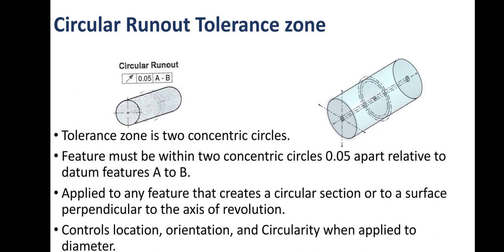For the drawing on the left side, the feature must be within two concentric circles 0.05 apart relative to datum features A to B. This circular runout can be applied to any feature that creates a circular section or to a surface perpendicular to the axis of revolution, the surface which creates a circular cross section. It controls location, orientation, and circularity when applied to the diameter of a cylinder.